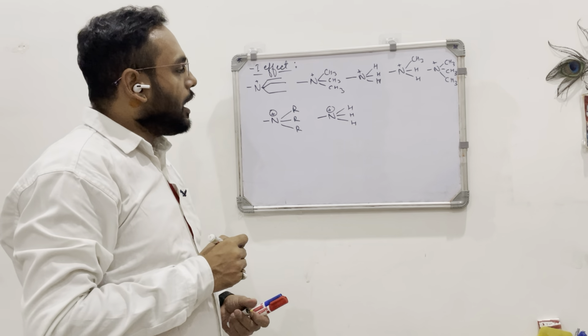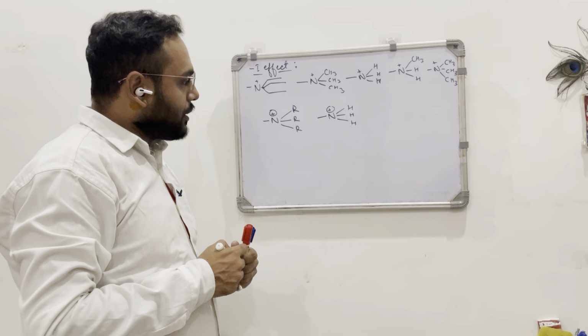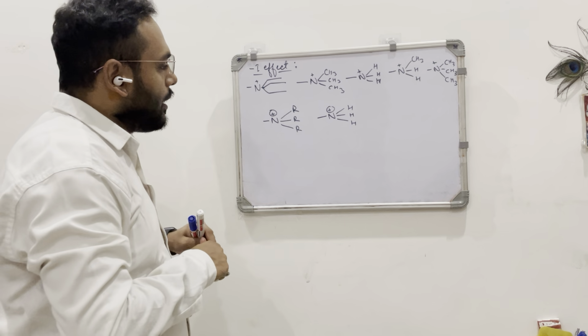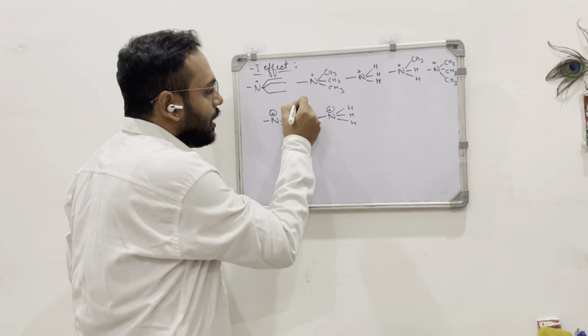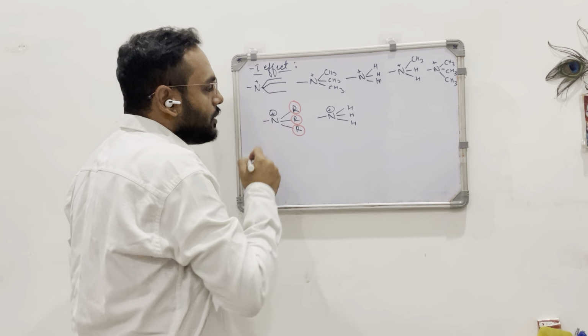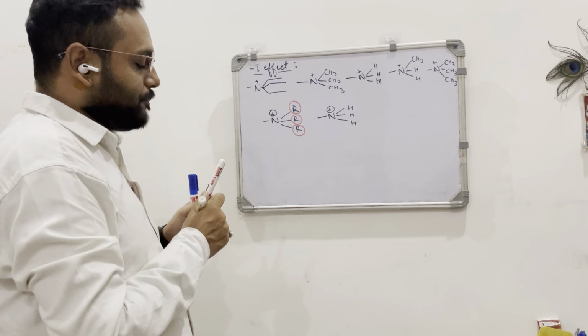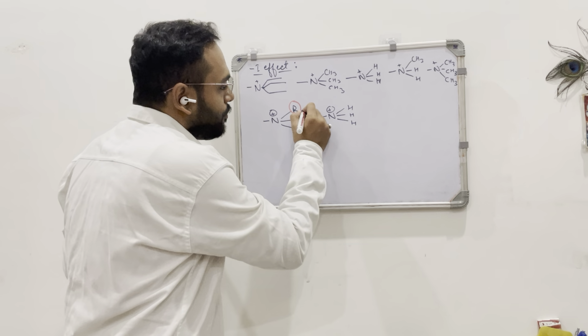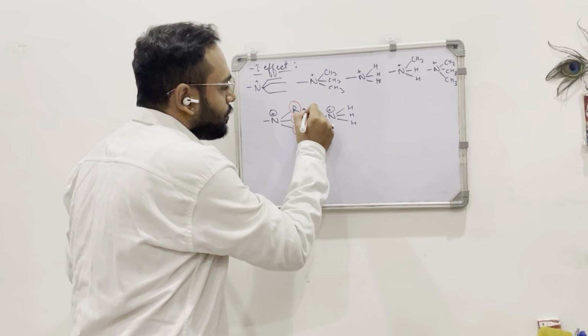Now what is happening over here is, you see this R group is a large group, and since it is a large group there will be a repulsion between them, a van der Waals repulsion.